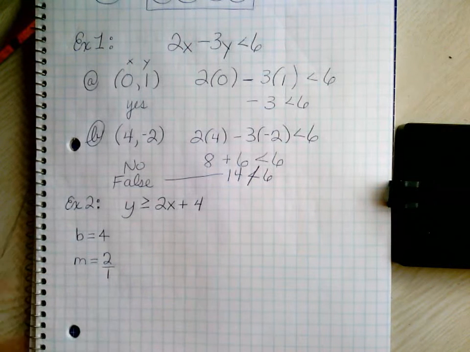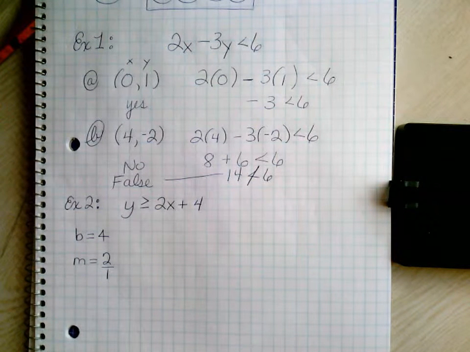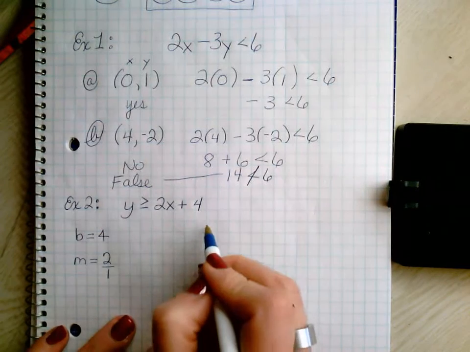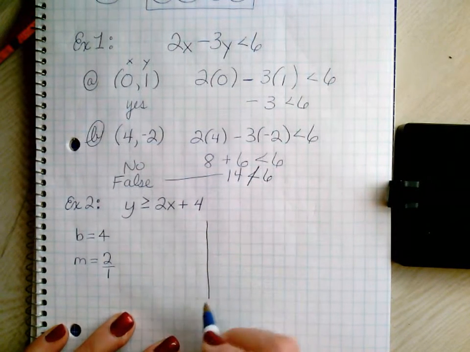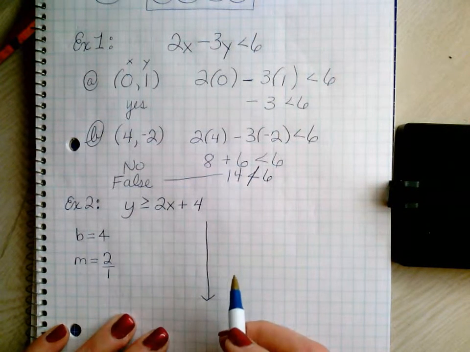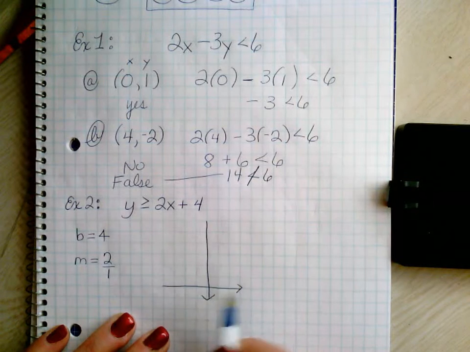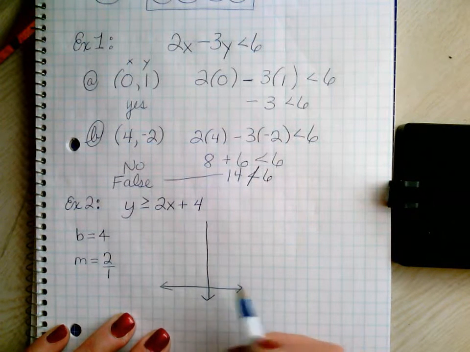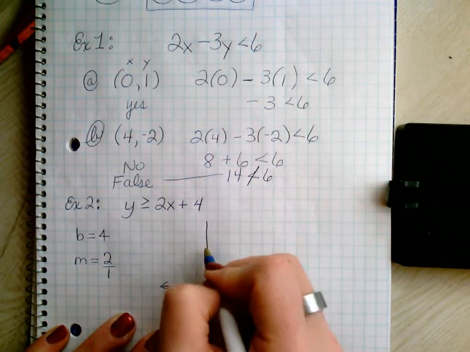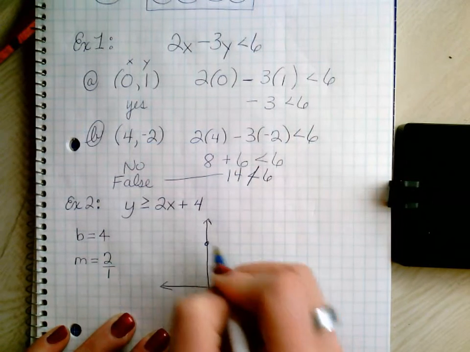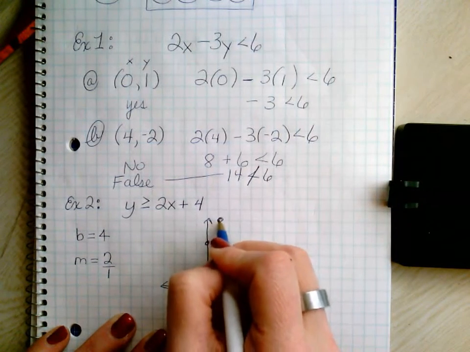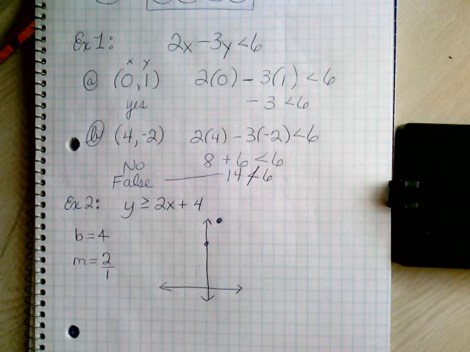That's 2 over 1 for those of you that are thinking about how you move. So I am going to create a quick graph, and my y-intercept is 4, 1, 2, 3, 4, and I'm going to go up 2 over 1 for my line.